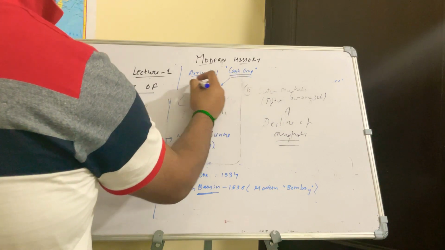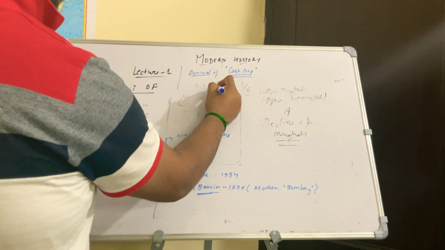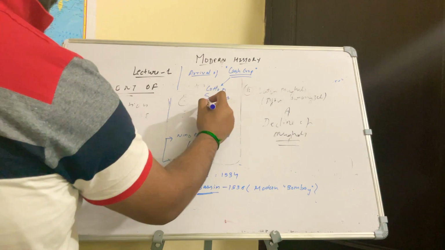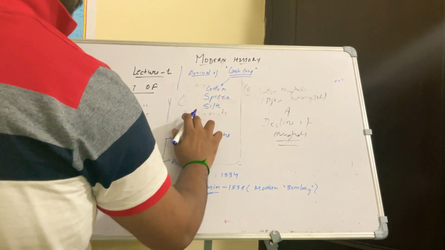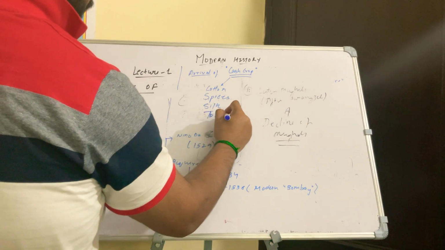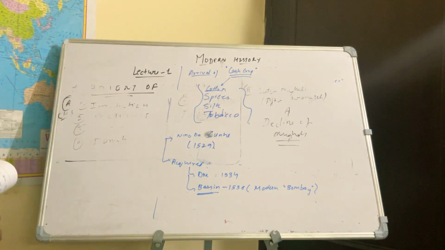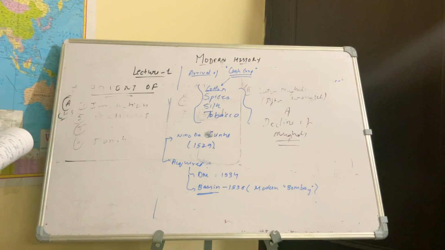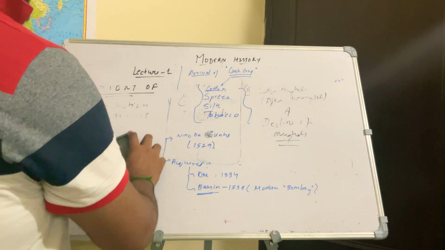The primary cash crops that arrived in India were cotton, spices, silk and tobacco. Please write cotton, spices, silk and tobacco. I hope you are able to write and understand what we have gone through.